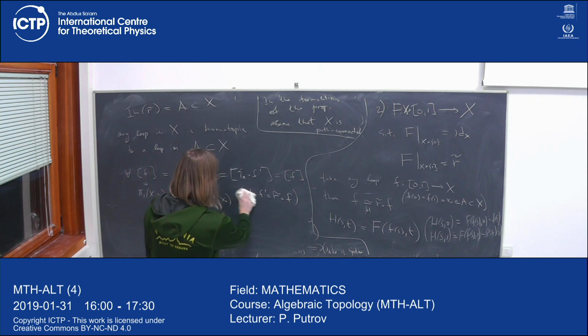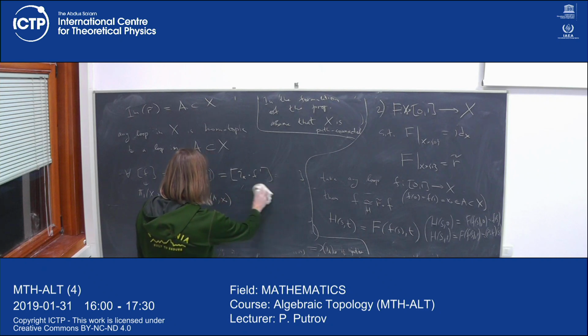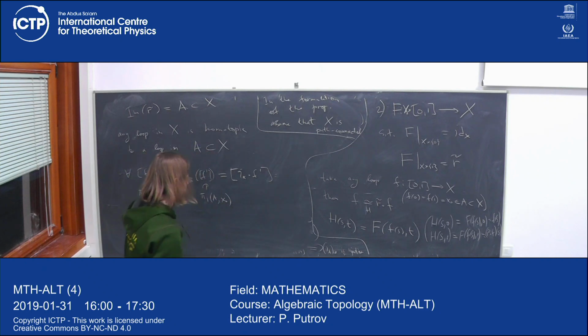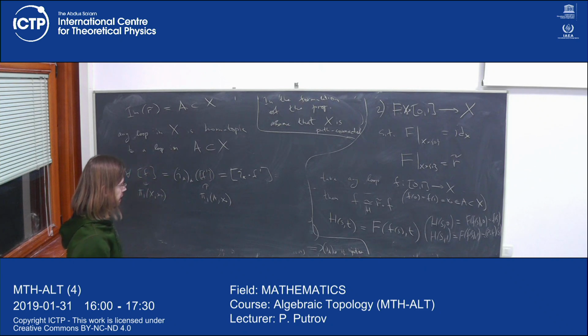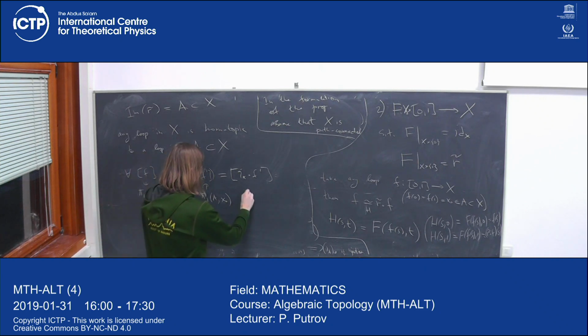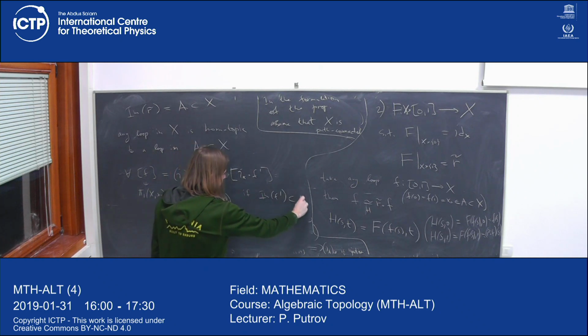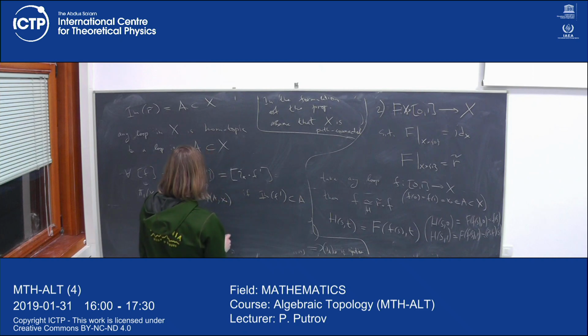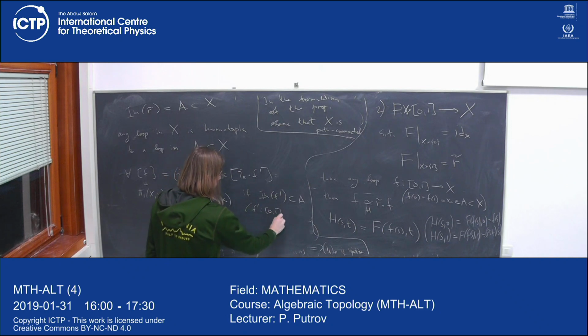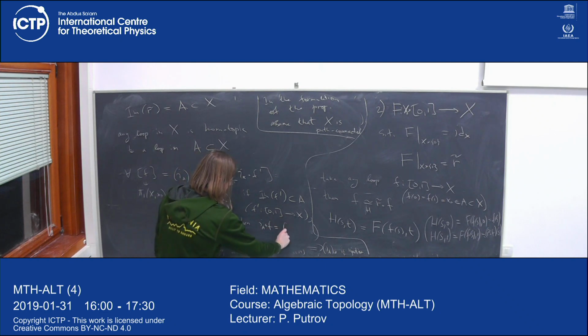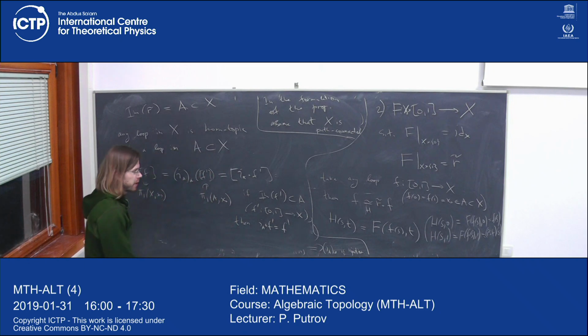So, let me say it this way. If the image of F prime is inside A, so F prime is some loop in X, then the composition with inclusion is the same as F prime.